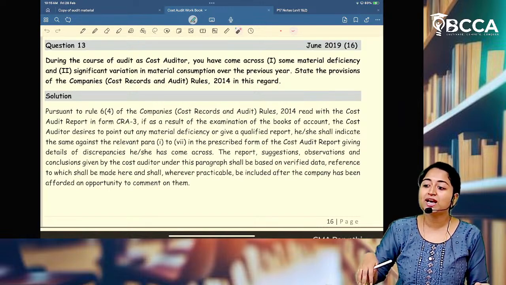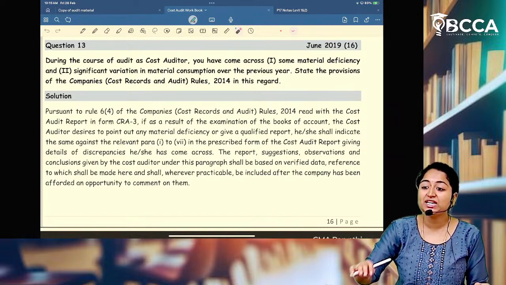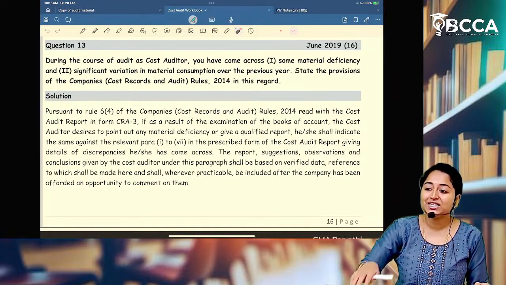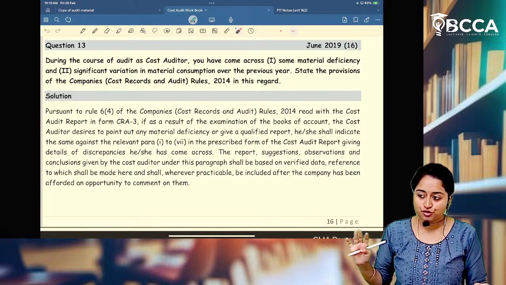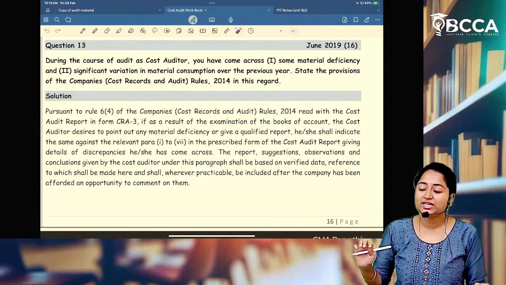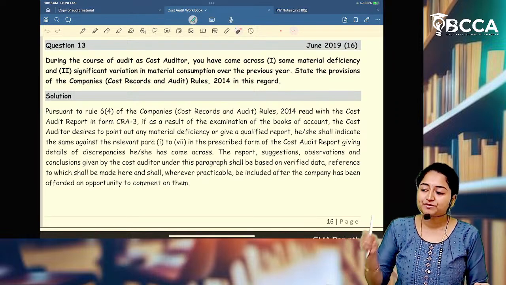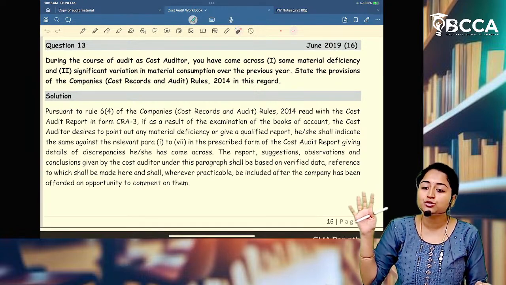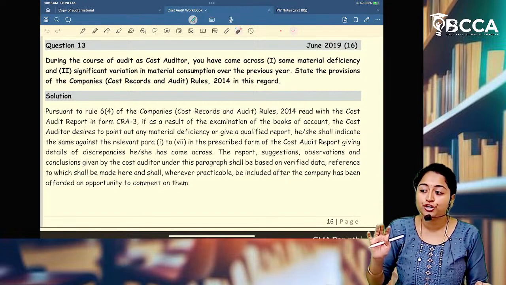The cost auditor has asked the management for justification, but whatever justification has been given by the management is not satisfactory to the cost auditor. So the cost auditor thinks that particular transaction is giving some suspicion, and he will include that in his cost audit report.